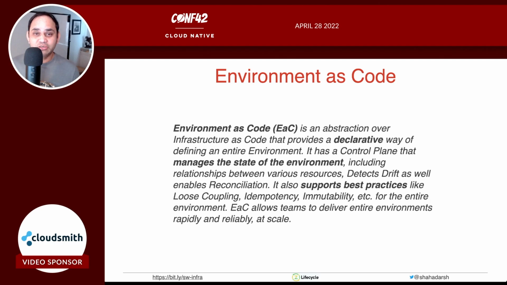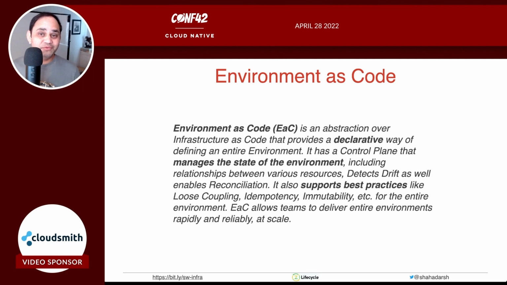It is an abstraction over infrastructure as code. So you're still using infrastructure as code under the hood. This provides a declarative way of defining an entire environment. It works well with a control plane that manages the state of the entire environment, including any relationships between various resources.